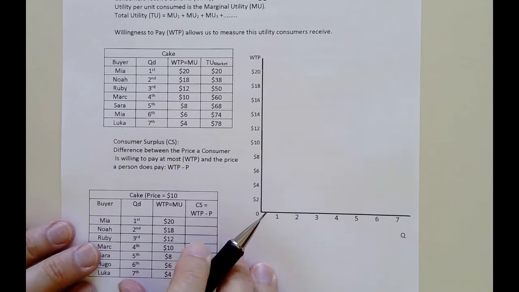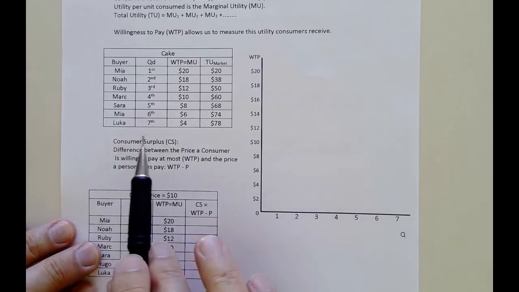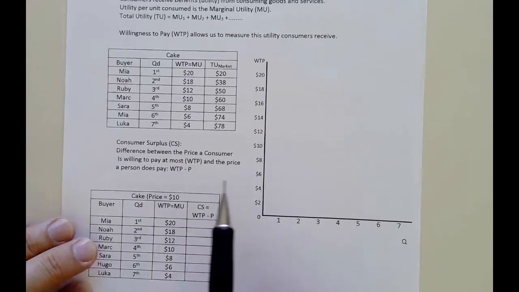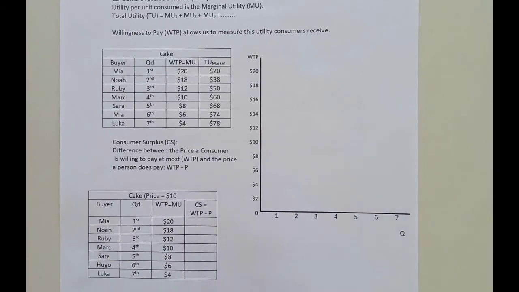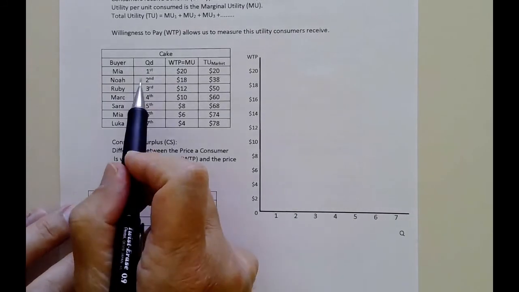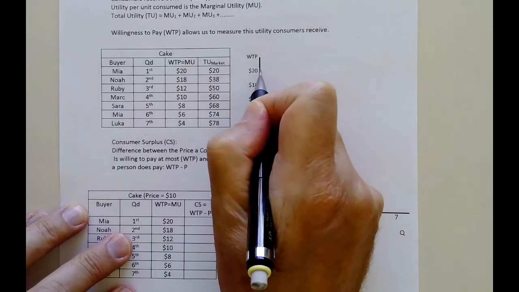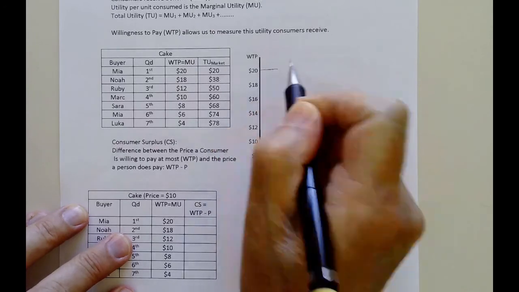Now over here, we can transfer these willingness to pay onto a graph. And the reason why I'm going to do that is we're going to see that this concept is where we get our demand from. And so the first cake, Mia's willing to pay $20 for that. And so if I go up here to 20, we can generate a little bar graph here.